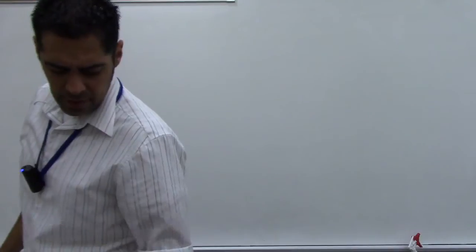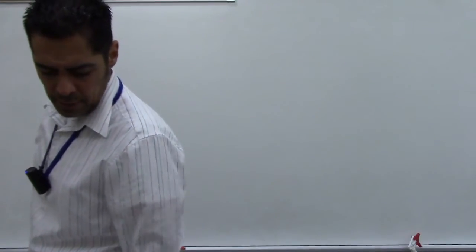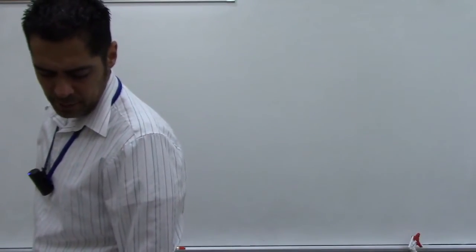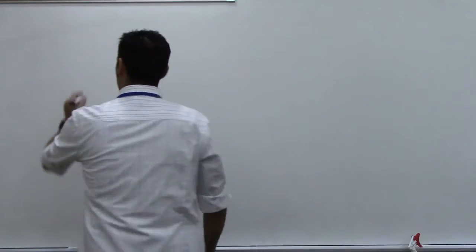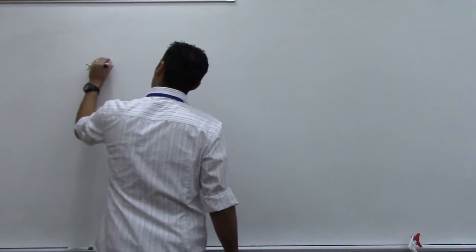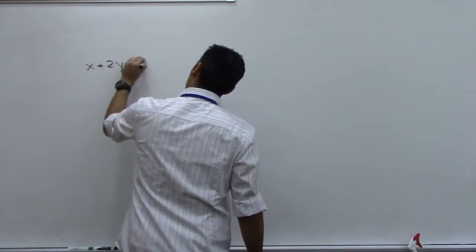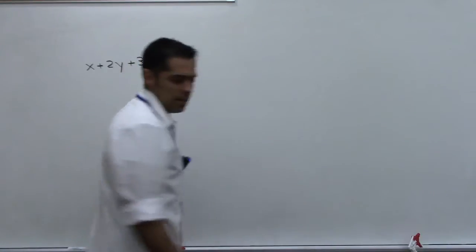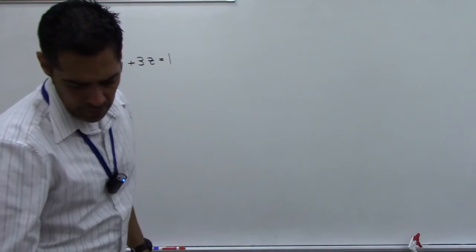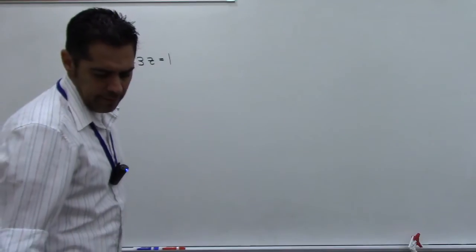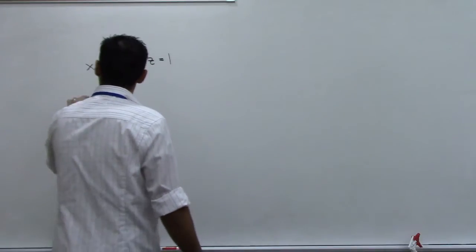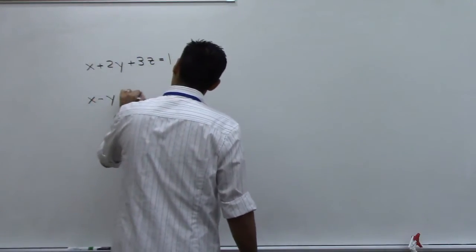The line of intersection of the planes x plus 2y plus 3z equals 1, and x minus y plus z equals 1.